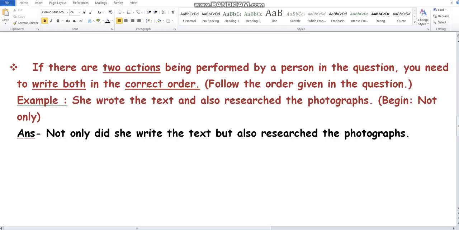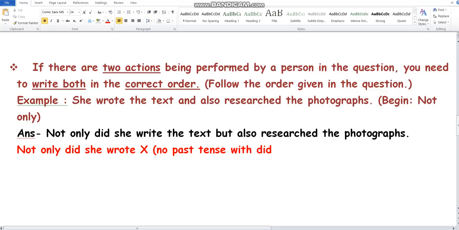With did, we do not use past tense. If you write not only did she wrote, it will be wrong because no past tense with did. Hence, not only did she write, and not not only did she wrote.